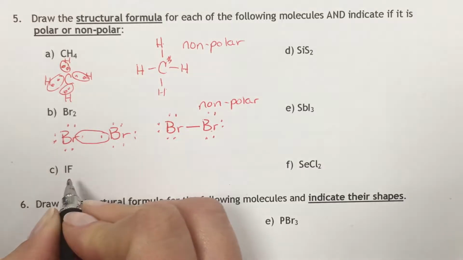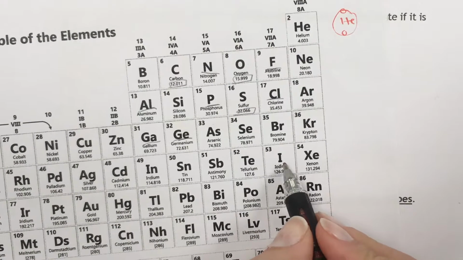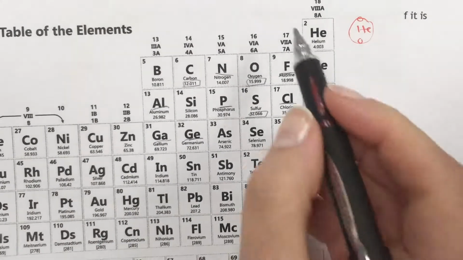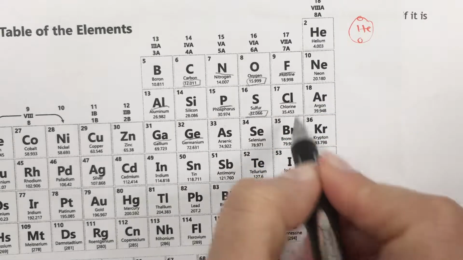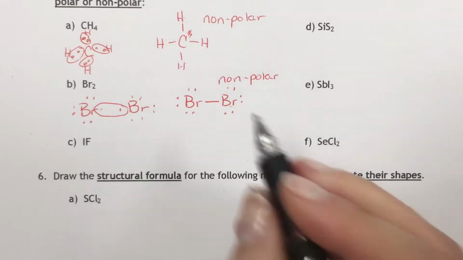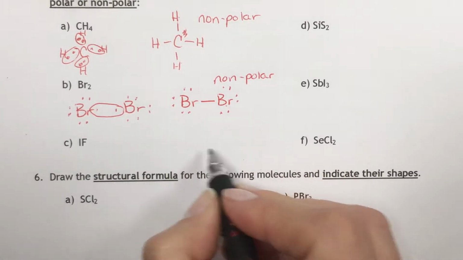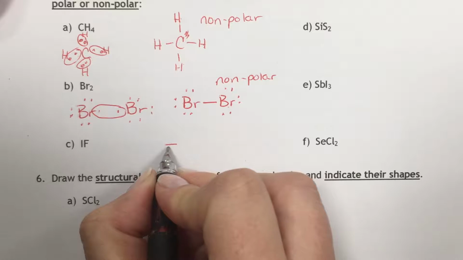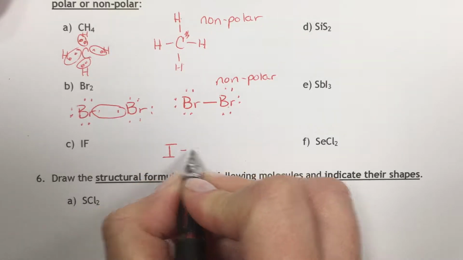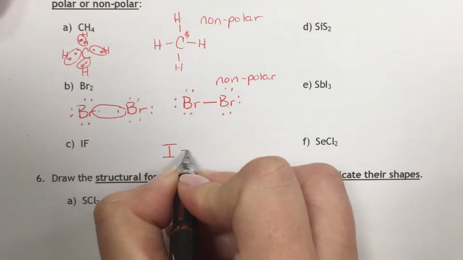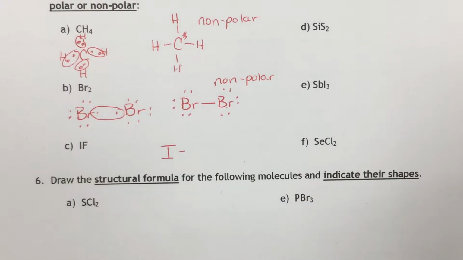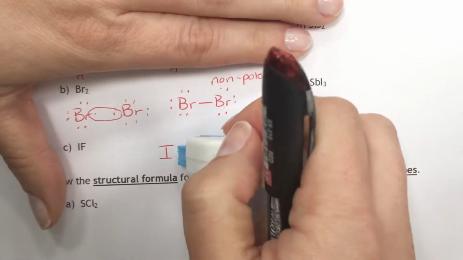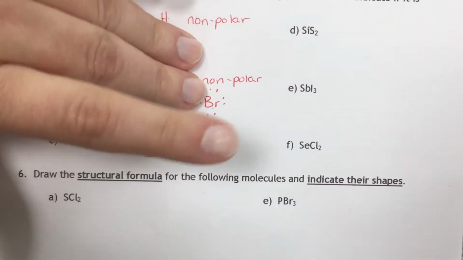Okay, IF. So I is located here, which has 7 valence electrons, and F is also in group 17, which has 7 valence electrons. All of these do. So basically it's going to look similar to this, except 2 different atoms. I'm sure you can already predict what will happen, but just in case.